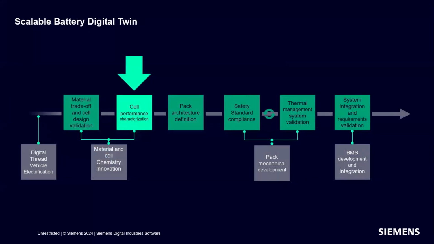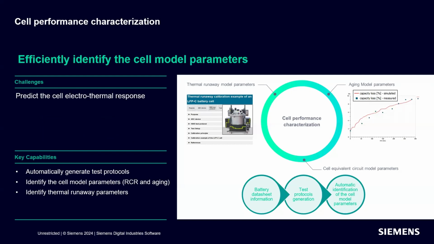Now, once you've designed your cell, set the materials and physical properties, and studied the molecular formulation of the battery cell, you can then characterize the cell's performance and prepare for cell integration into the pack model. In this step, cell performance characterization, you're able to take a single cell and predict the electrothermal response under real operating conditions.